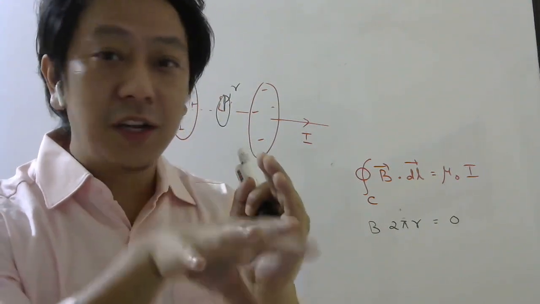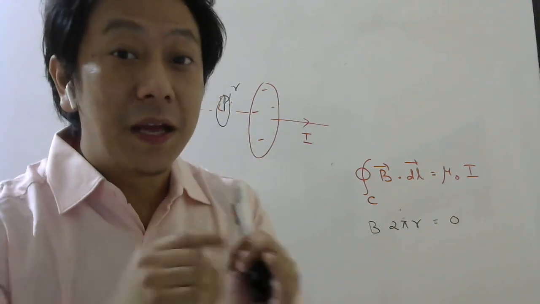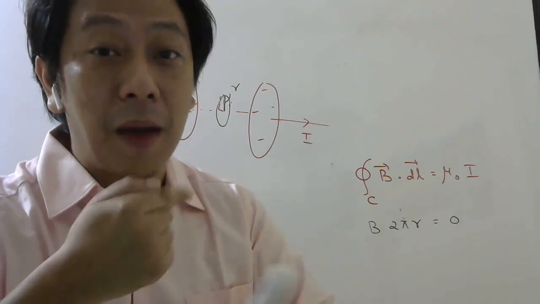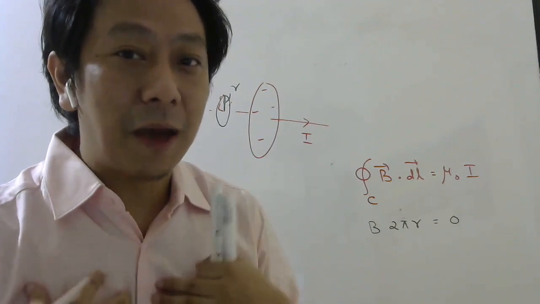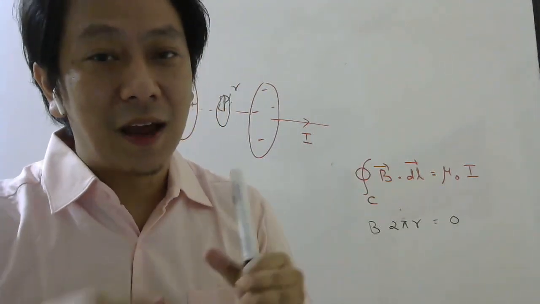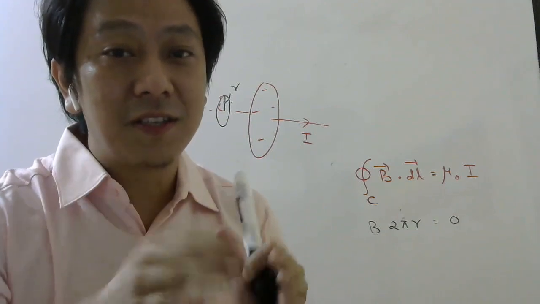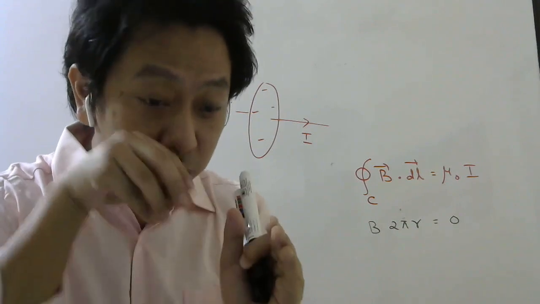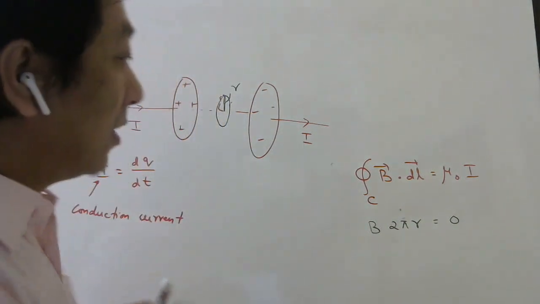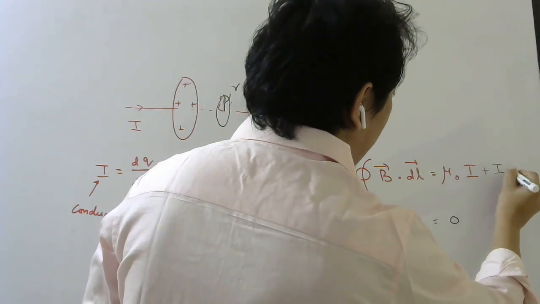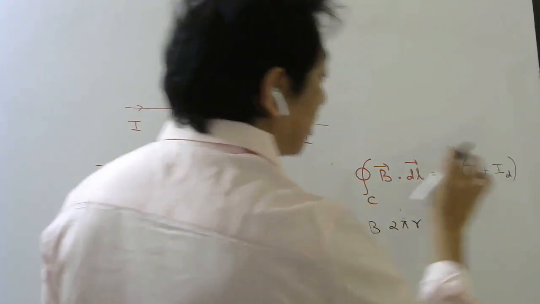That change in electric flux results in magnetic field. But since we have the habit of saying that magnetic field is produced by current, we say that whenever electric flux changes through a certain loop, there will be displacement current through that loop. So how was it modified? One more quantity was added here, displacement current.